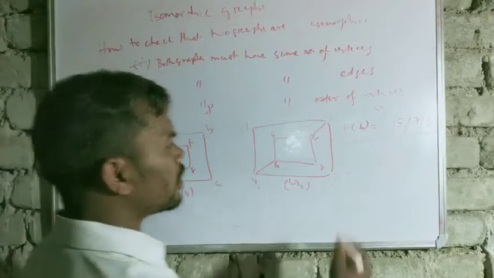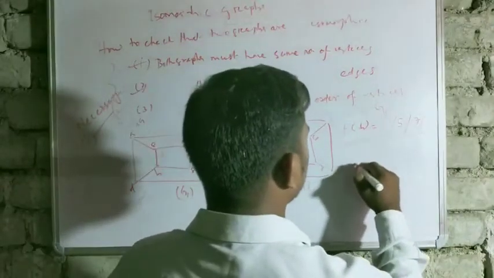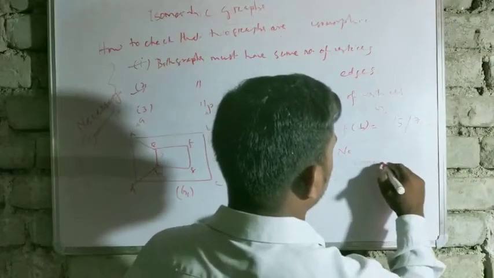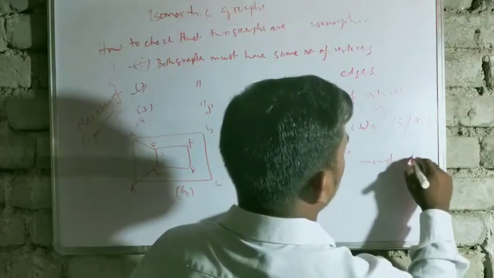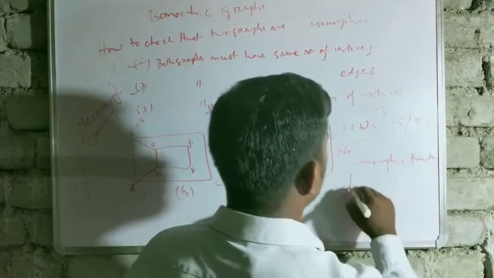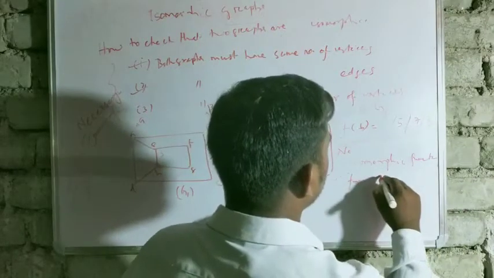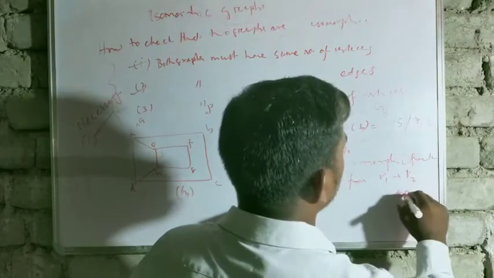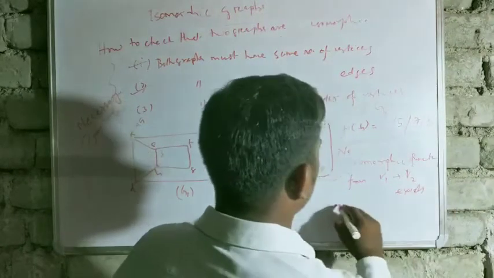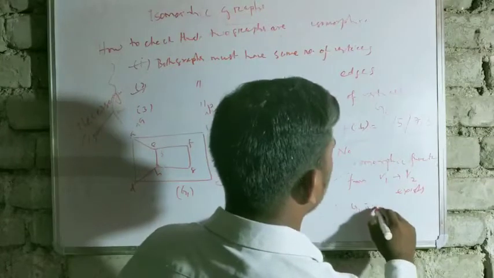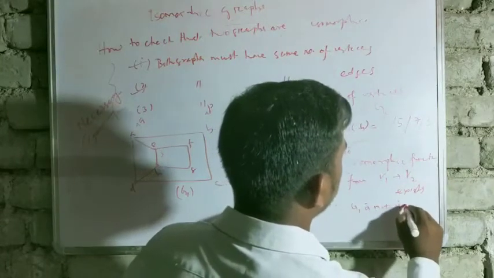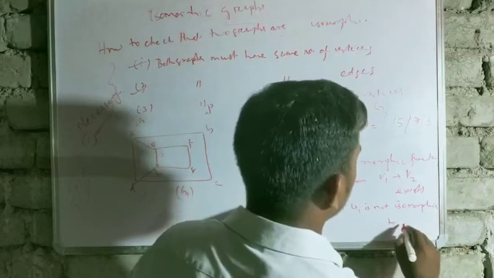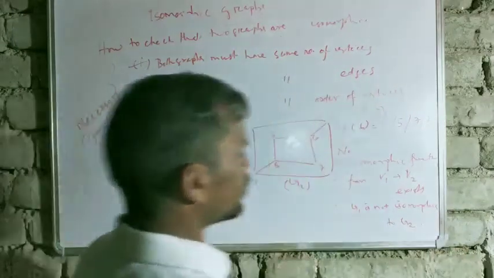That means there is no isomorphic map, no isomorphic function from V1 to V2 exists. Hence G1 is not isomorphic to G2.